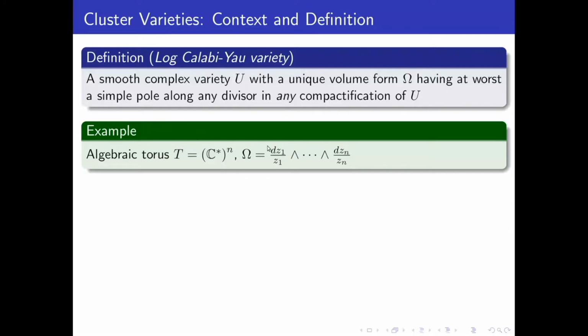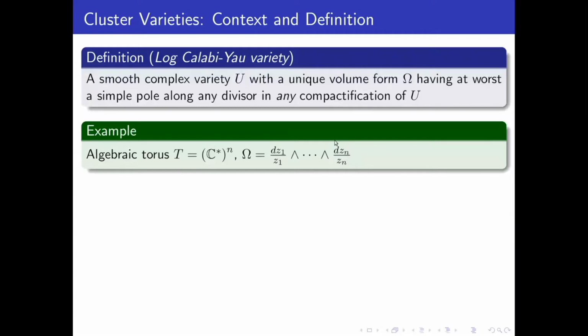And maybe the easiest example is to partially compactify the torus to get to C^n, partially compactifying (C^*)^n. If you think about the coordinate hyperplanes, this clearly has a simple pole along the locus z1 equals 0, and all the others, z1 equals 0 to zn equals 0, are pretty easy to see.